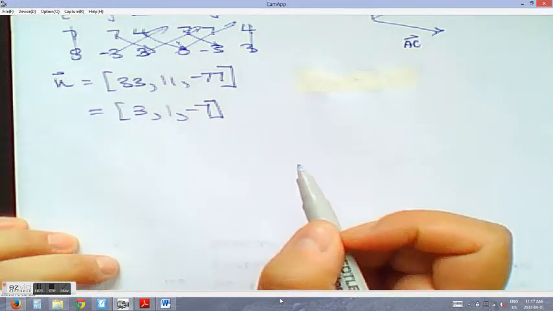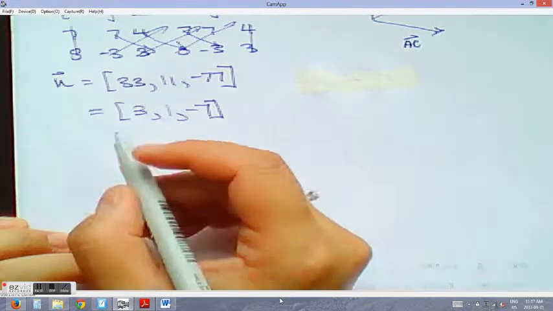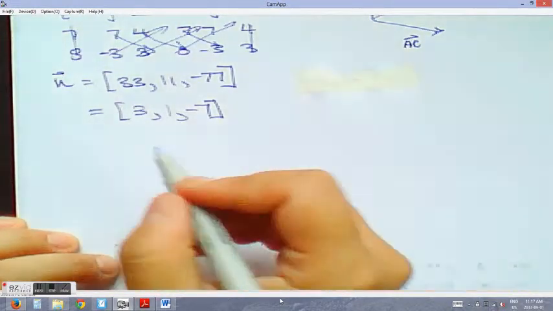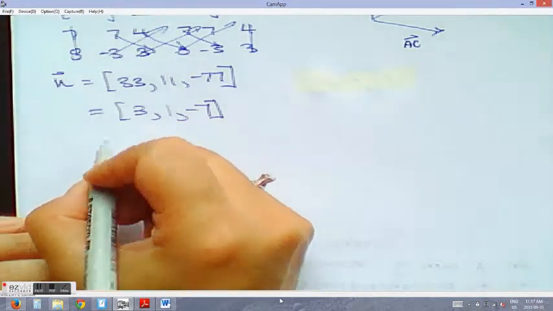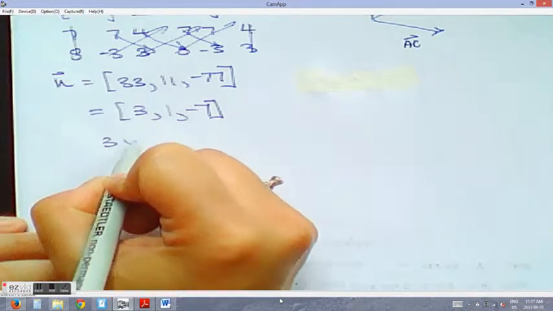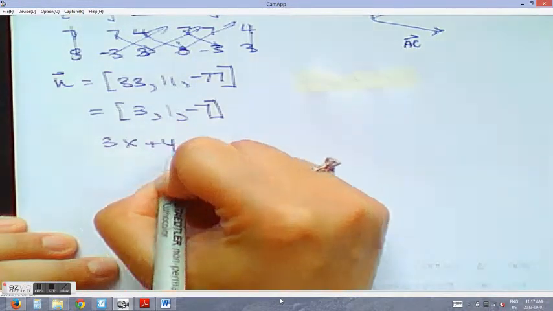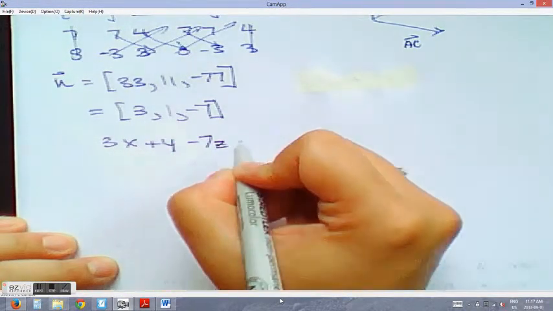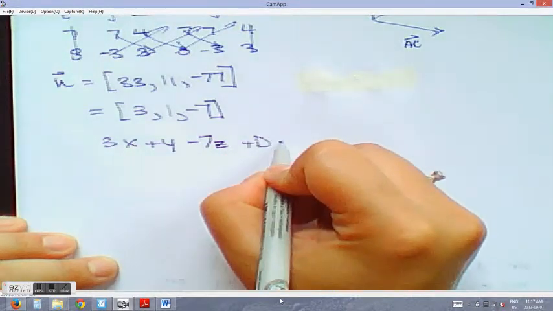Now we can take our point A. We'll say 3x plus y minus 7z plus d is equal to 0.